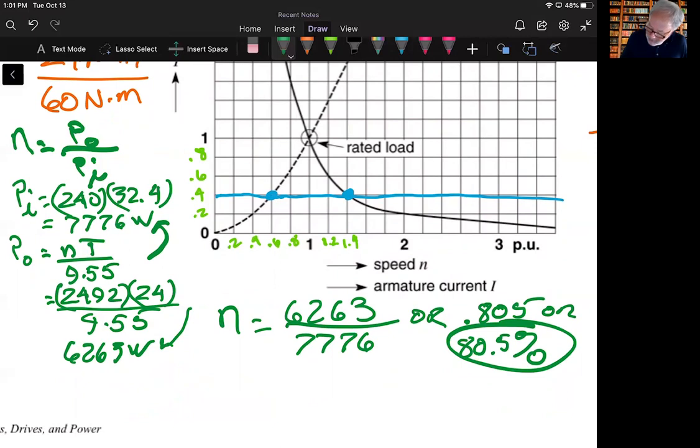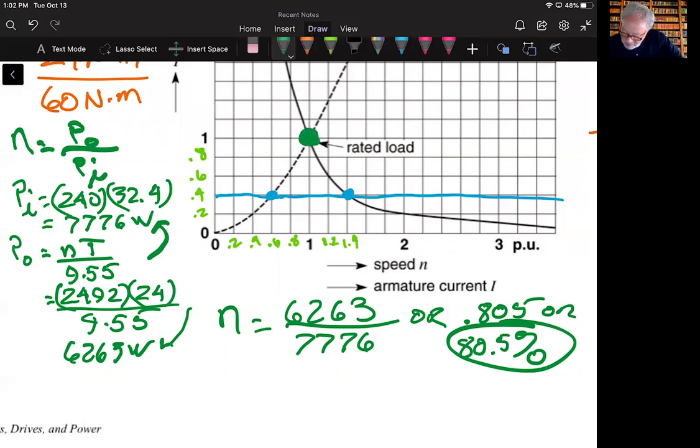At the same time, we might say, well, for efficiency's sake, this might not be where we want to operate this motor most of the time. Maybe there are conditions where it would be a much higher efficiency, and I'll just go ahead and tell you that point is always going to be right here.